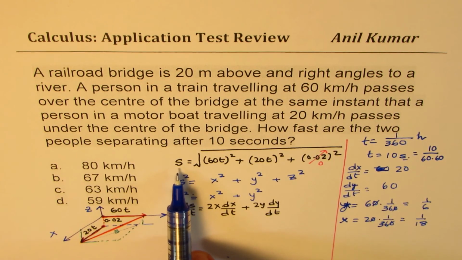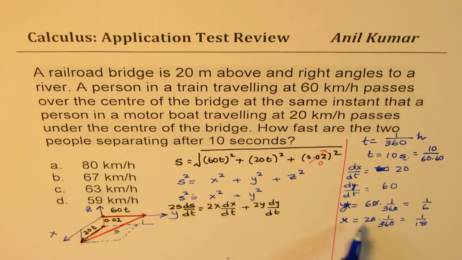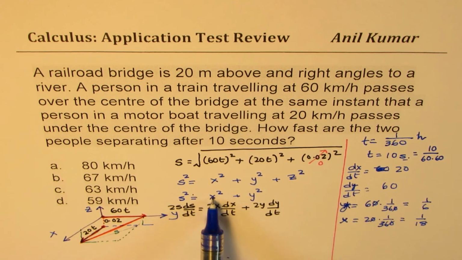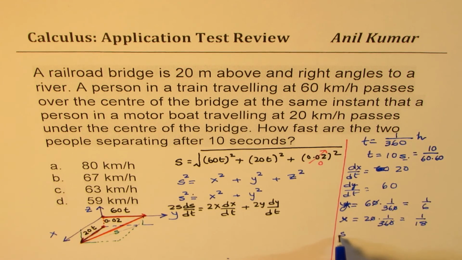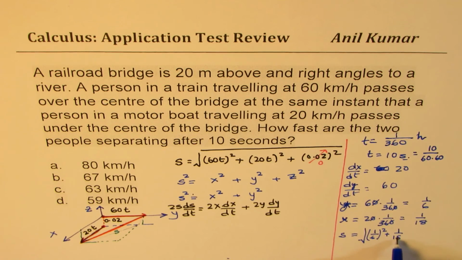Let us also find separation s, which we can find from these values, right? Square root of a squared plus b squared. So s will be equal to the square root of (1 over 6) squared plus (1 over 18) squared.